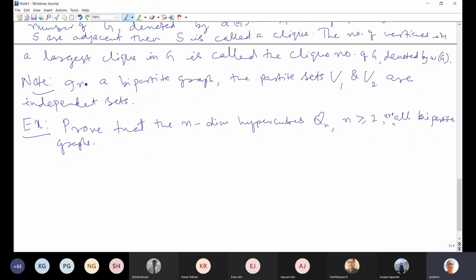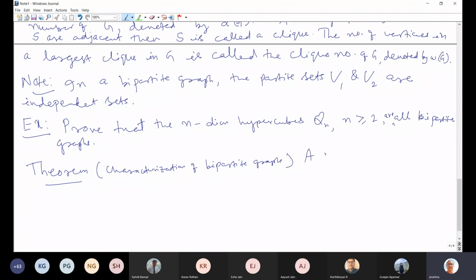Fortunately, there is a result, a complete characterization of bipartite graphs, and a graph theoretical condition that tells us when a graph is bipartite.